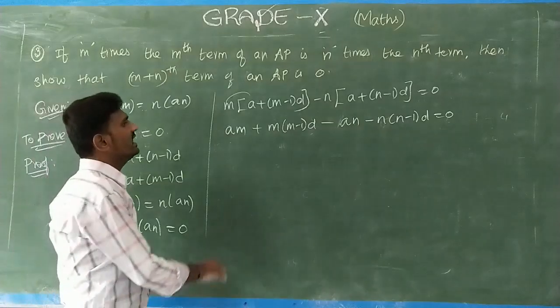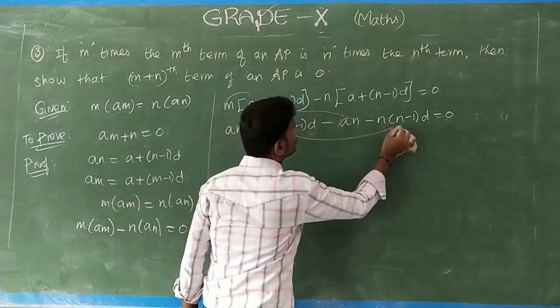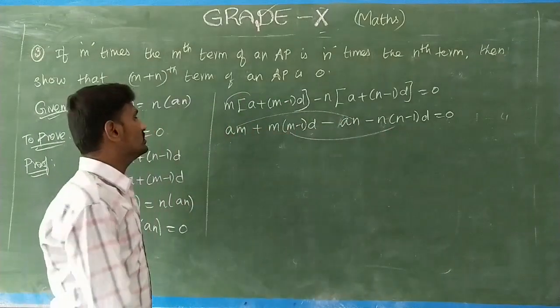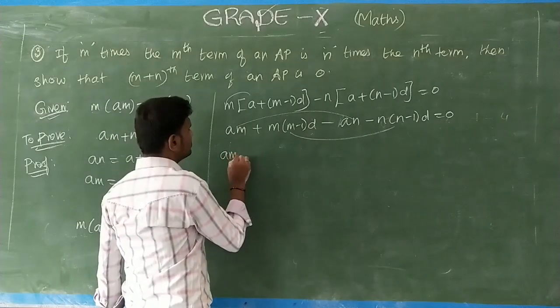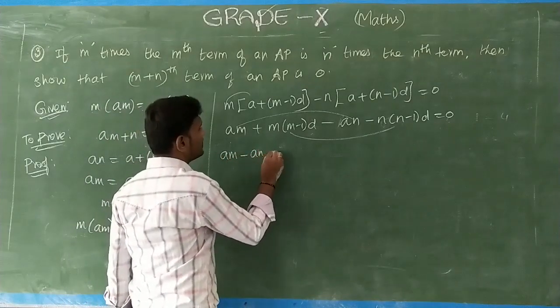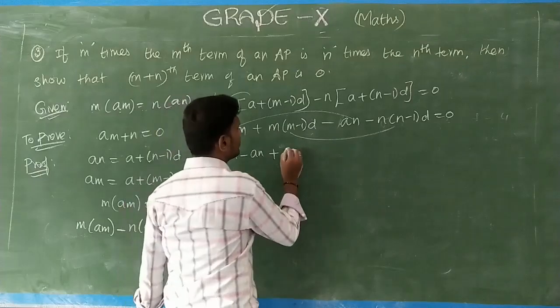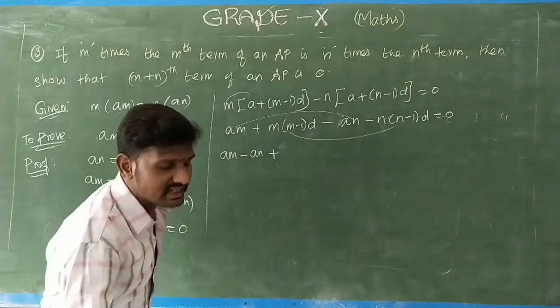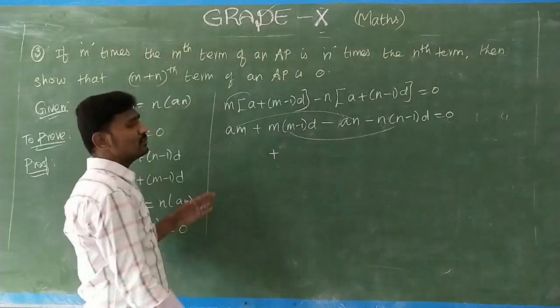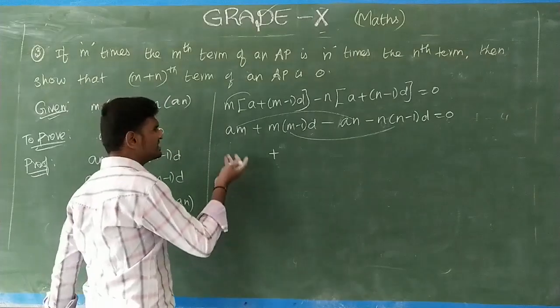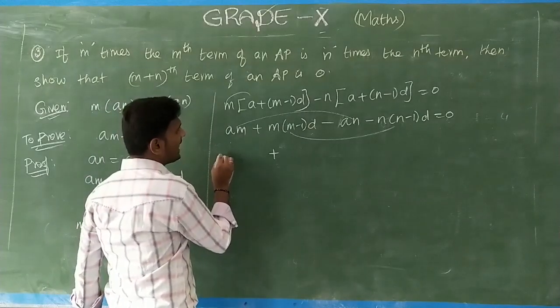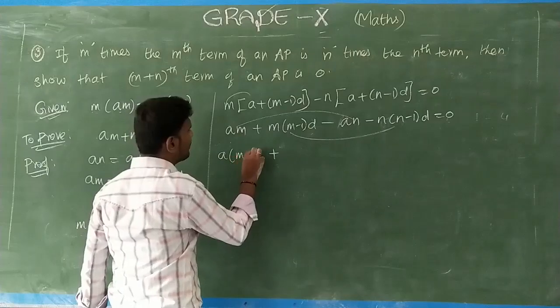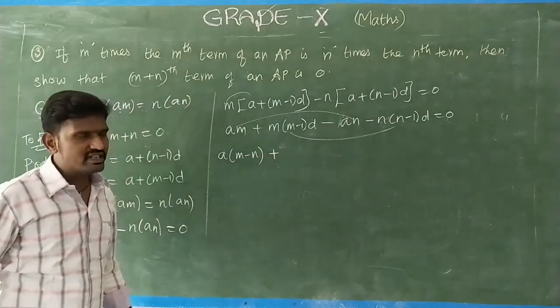Now I am going to group the first and third terms, and the second and fourth terms. See, you have a common term in the first two, so take a common outside to get m minus n. Have you got it?